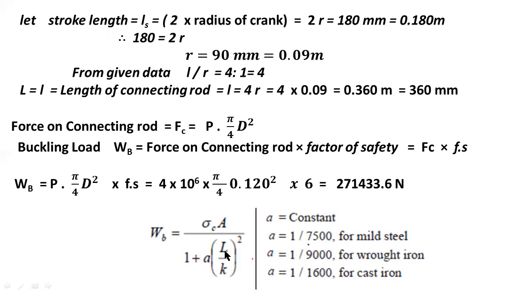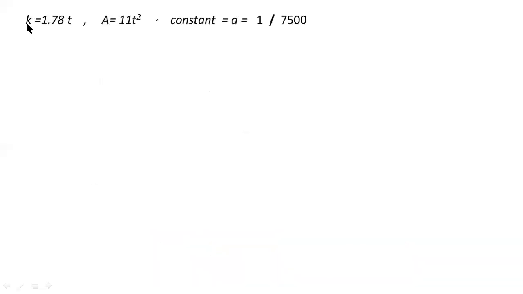Here L is the length of the connecting rod, that value already obtained, that is 360 mm, and K is the radius of gyration of the I cross section. The formula for radius of gyration of the I cross section equals 1.78 t, and capital A equals 11 t square. Capital A is the area of the I cross section, and the constant value is already given in the problem, that is small a equals 1 by 7500.